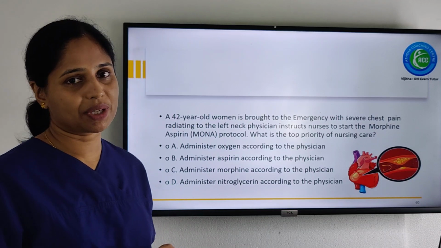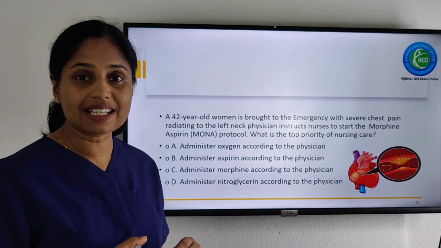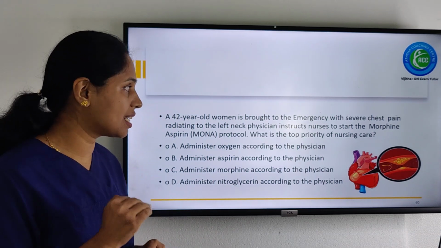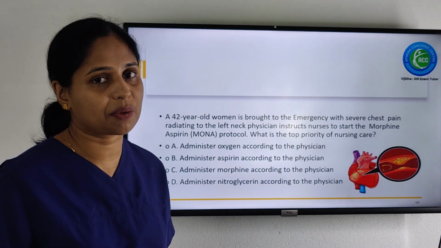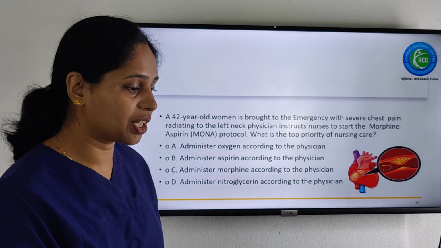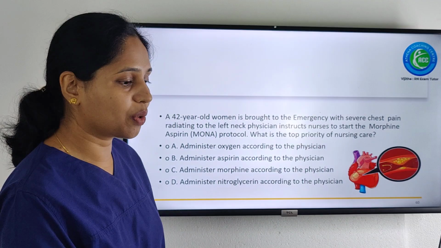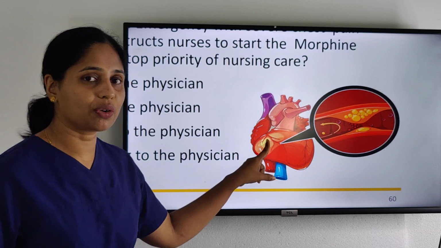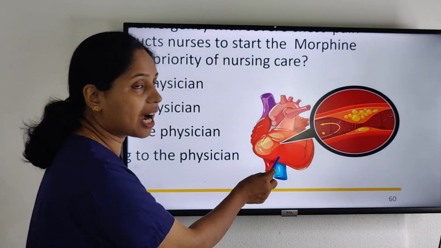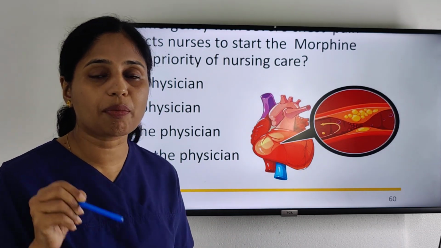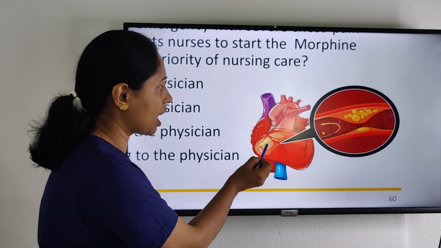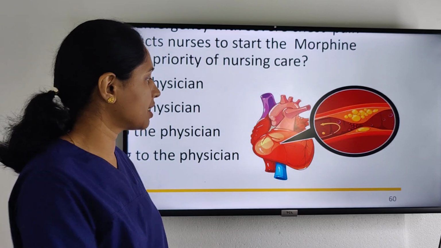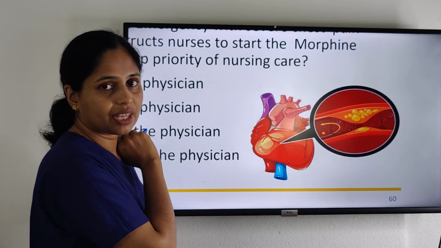So please remember this. Now please understand what myocardial infarction is, or the basic reason for developing chest pain. This is because of coronary artery spasm. Just look at here. This is the coronary artery, which nourishes the myocardium. The coronary artery is a branch of the aorta, carrying oxygenated blood, and it nourishes the myocardium.